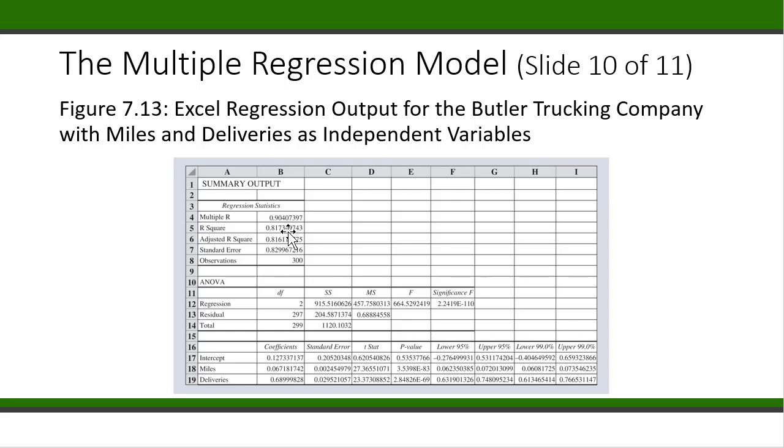So what that's saying is that 81.73% of the variability in the sample is now explained. And so adding that extra variable means we can now explain more of the variability in y, our dependent variable.